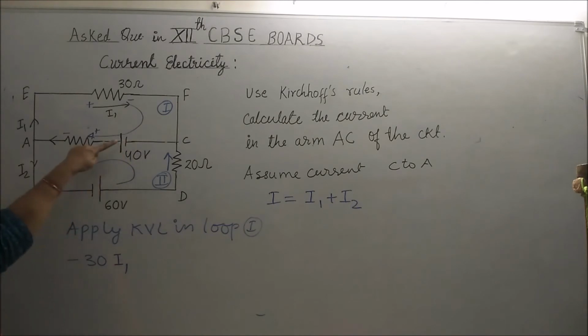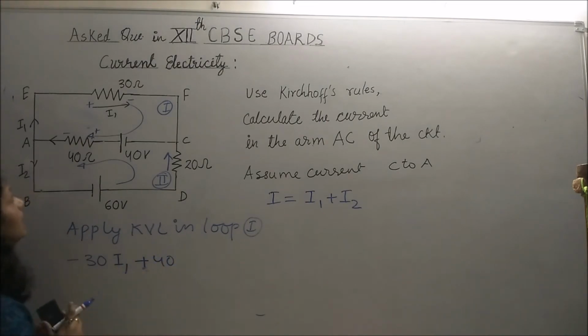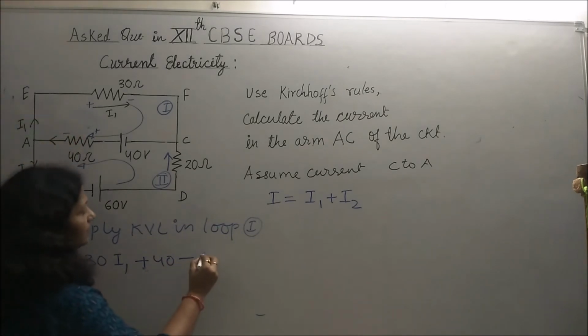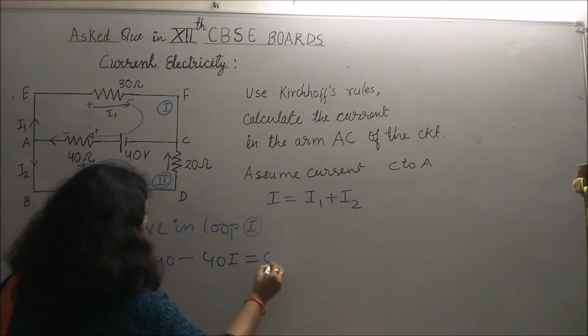Now we are moving here and the last battery terminal is plus, so take the sign as plus 40. Here in this resistance we are again moving in the direction of current I, so minus 40I will come, is equal to 0.